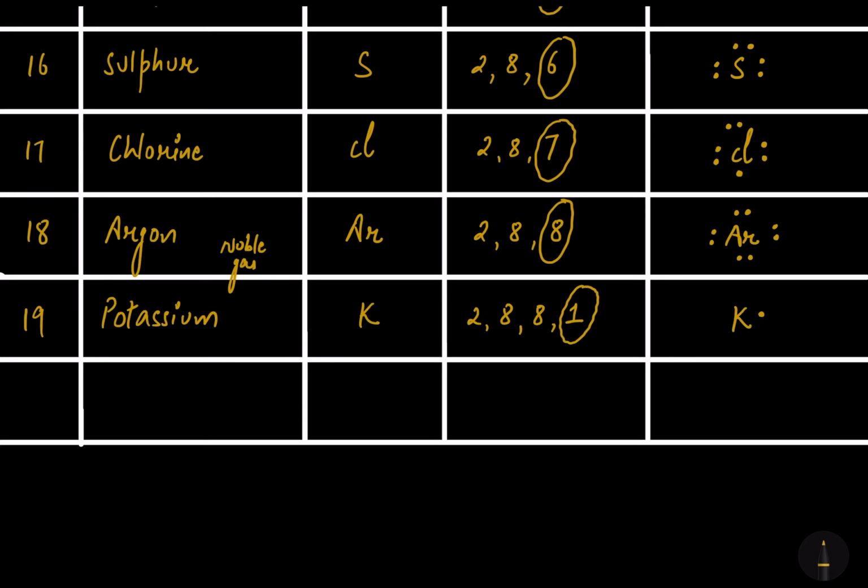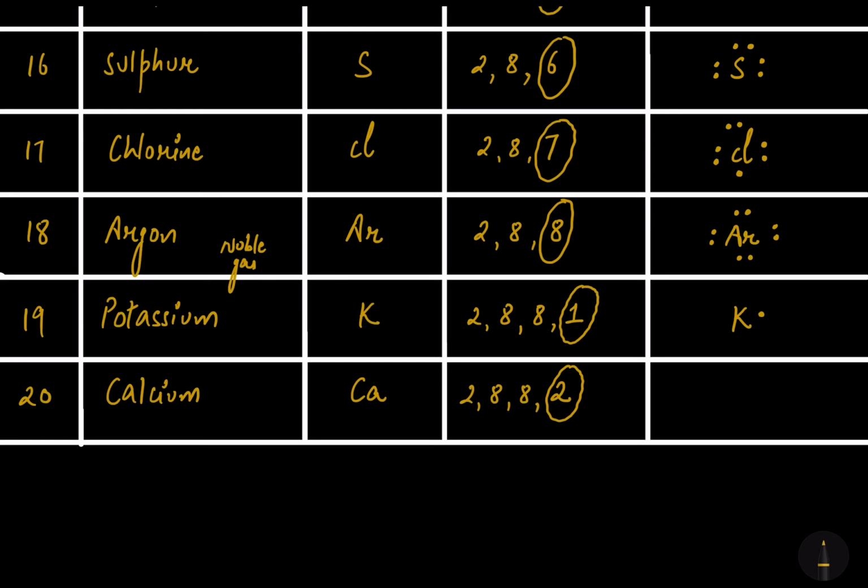Now let's come to the atomic number 20. That's calcium. The symbol for calcium is Ca, and the configuration comes out to be 2, 8, 8, 2. So here we are having 2 electrons in the first shell, 8 electrons in the second, 8 electrons in the third, and then finally 2 electrons in the fourth shell, or the valence shell, or the outermost shell.